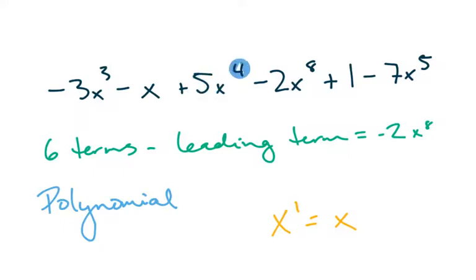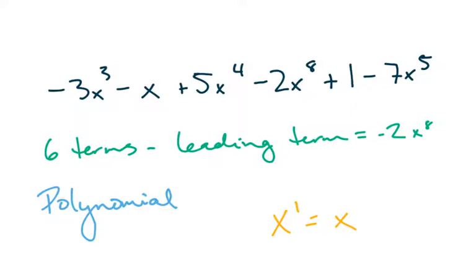Then we have this term here. The exponent is 4, so it's to the 4th degree. This term here has an exponent. The x is raised to the 8th power, so it's to the 8th degree. Now this term is called a constant. It's just a number with no variable, so it's called a constant.